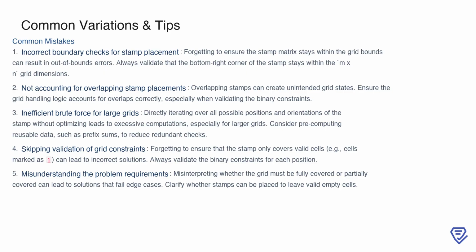Additionally, some solutions fail because they skip validating whether the stamp only covers valid cells, like those marked as 1. Always ensure that the binary constraints are met for each position. Lastly, misinterpreting the problem requirements can cause solutions to fail edge cases. For example, you need to clarify whether the entire grid must be stamped or if leaving valid empty cells is allowed, as this affects how you approach the solution.